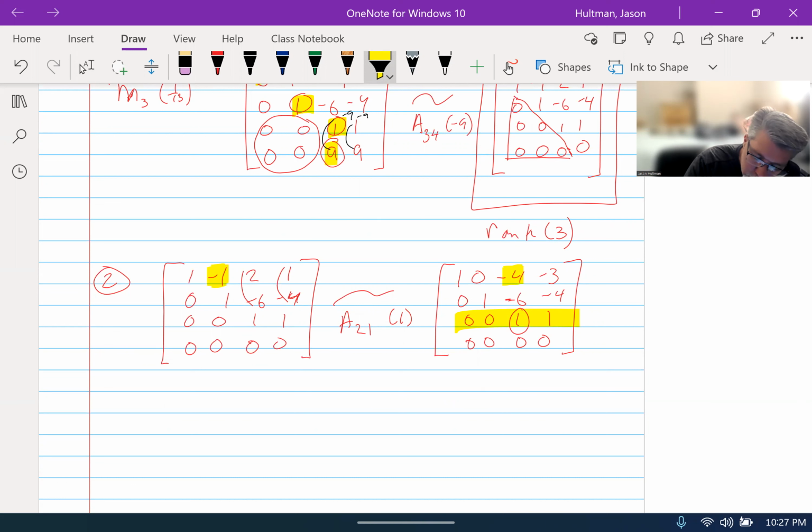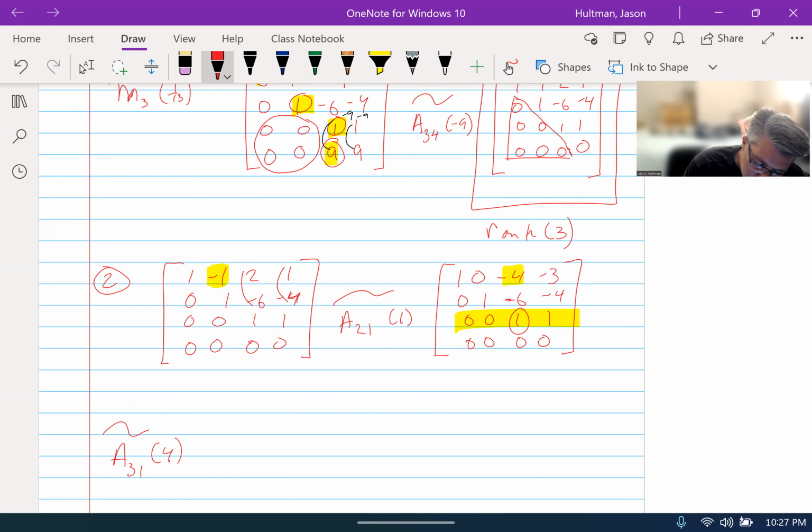Okay, so the notation is that we're going to multiply row 3 by 4 and replace row 1. So that's A3, 1, 4.